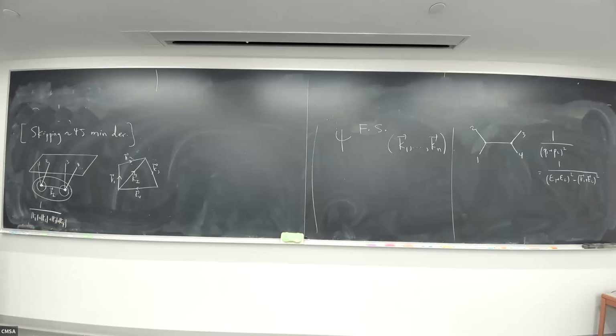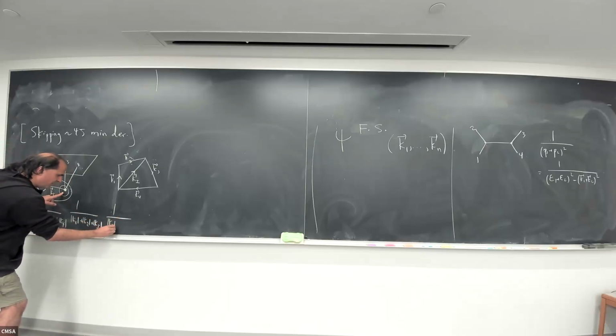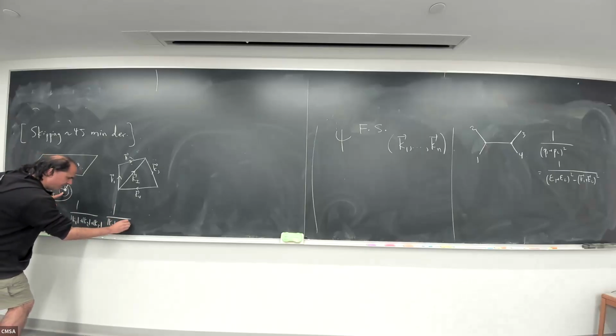Okay. Then with this guy, I write down 1 over K1 plus K2 plus K intermediate. But again, it's just the magnitudes. And with this one, I write down 1 over K3 plus K4 plus K intermediate.